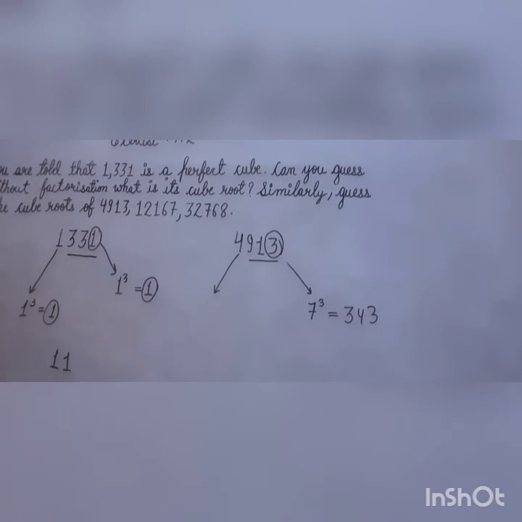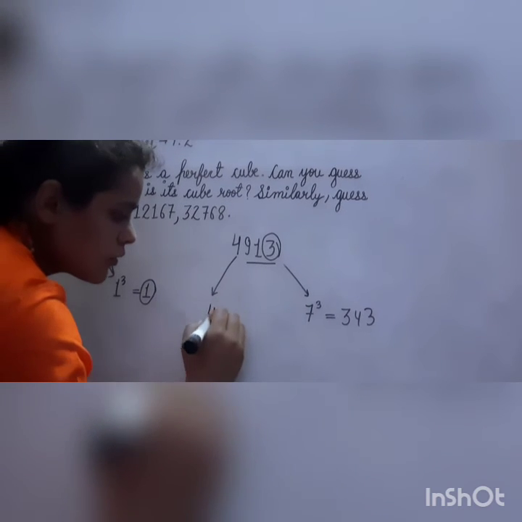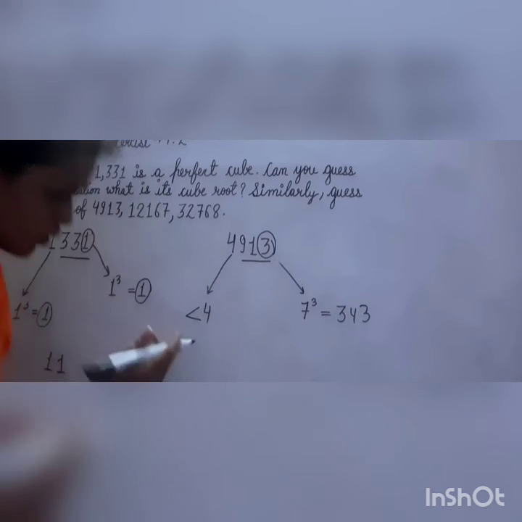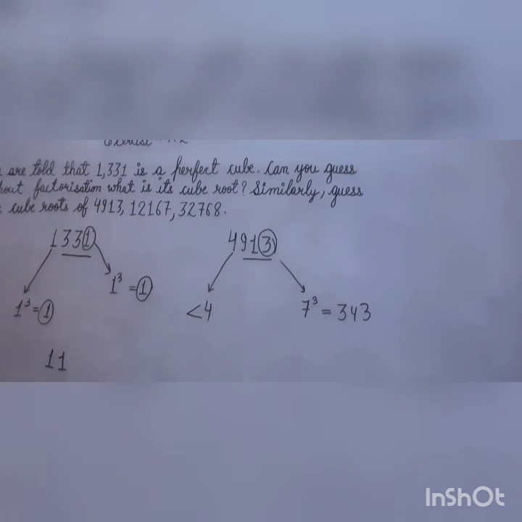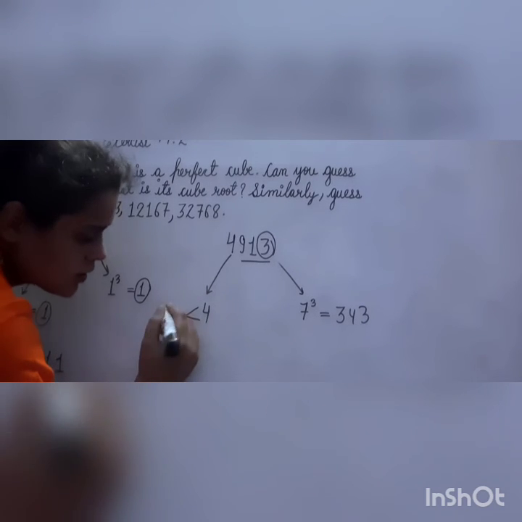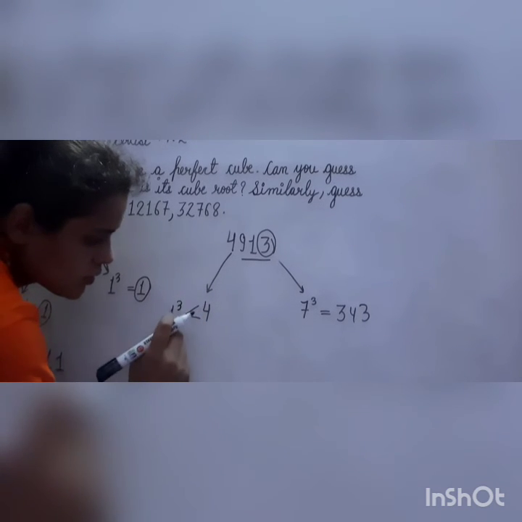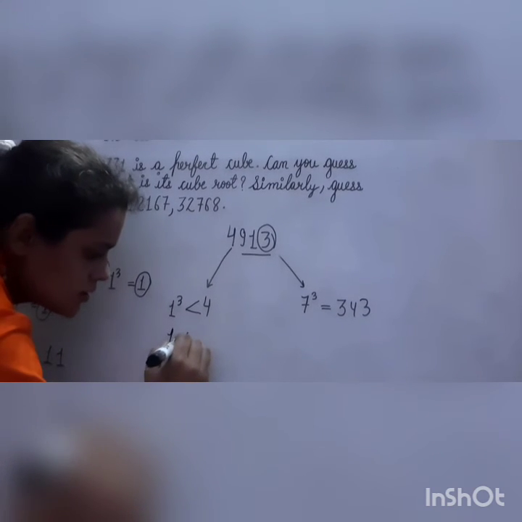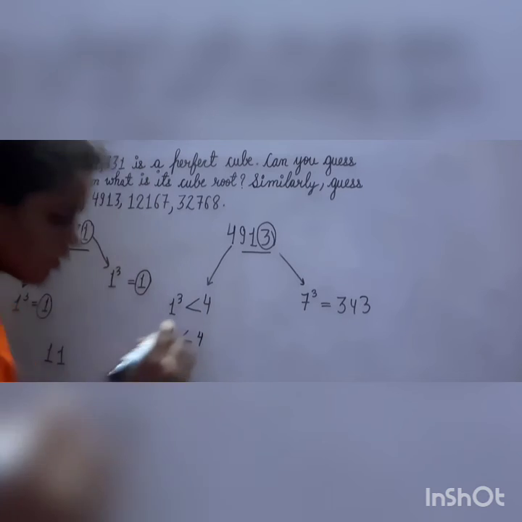You will take a number whose cube is less than 4. If we take 1, the cube of 1 is 1, which is less than 4.